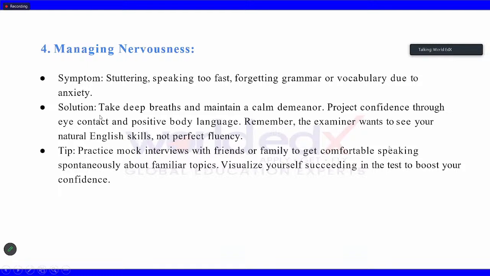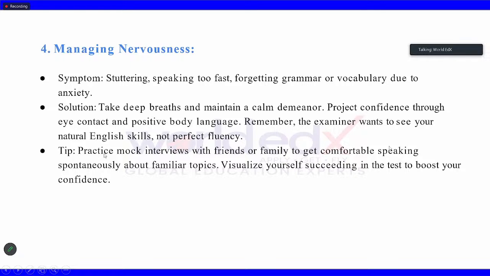Managing nervousness, stuttering, speaking too fast, forgetting grammar or vocab due to anxiety. You can take deep breaths and maintain a calm demeanor. Project confidence through eye contact and positive body language. Remember, the examiner wants to see your natural English skills, not perfect fluency. Please be real while making answers.